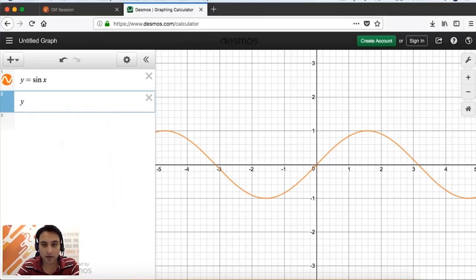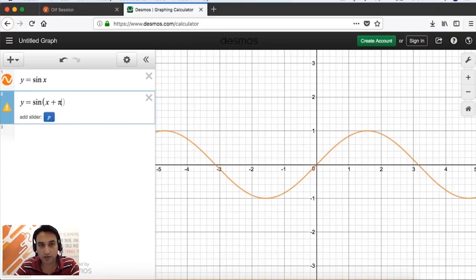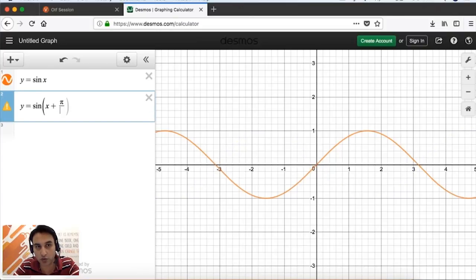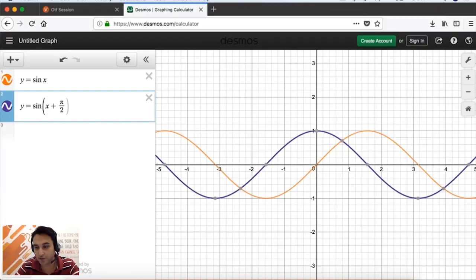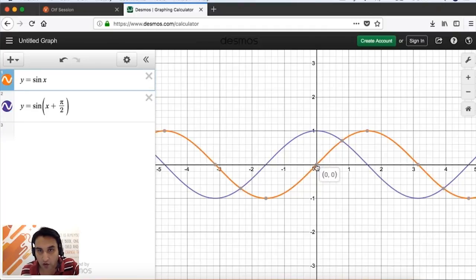Now, let's plot y is equal to sin of x plus pi by 2. What will happen? The graph will move. Look at this. As soon as I write 2, it will move towards left. Can you visualize? The graph has moved left. This orange point, move it towards left.